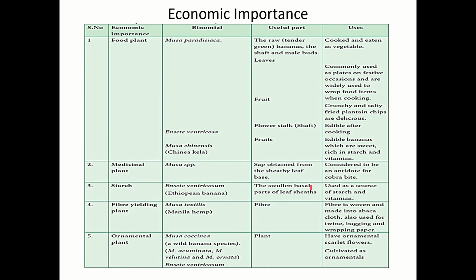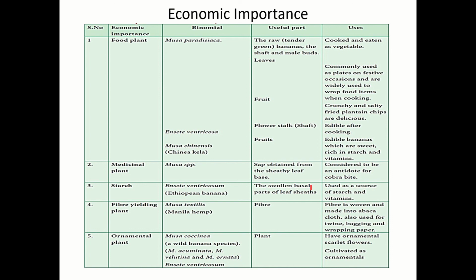Now we'll come to the economic importance. Before we come to economic importance, let me tell you, pollination is entomophilous due to colored spathe and honey. It is sometimes ornithophilous, that is, it is also sometimes carried out by birds.